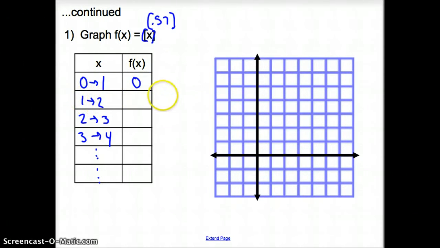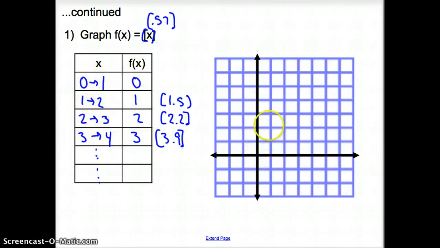If you pick 1.5, we would round down to 1. Or 2.2, we would round down to 2. And then let's put 3.9. It's not quite 4. We're looking for the greatest integer less than or equal to that, and it would be 3.